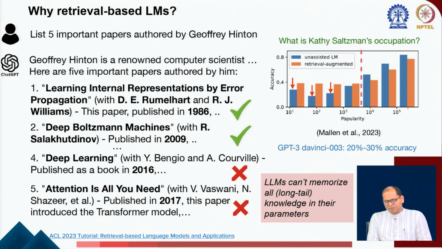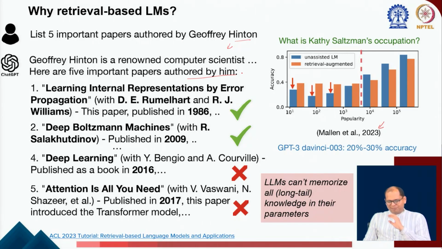For example, this is a screenshot of a model reported in a paper in 2023. Suppose you ask the model a question in a very nice format, like list 5 important papers authored by Geoffrey Hinton, and it gives a very nice answer: the renowned computer scientist, here are 5 important papers authored by him.